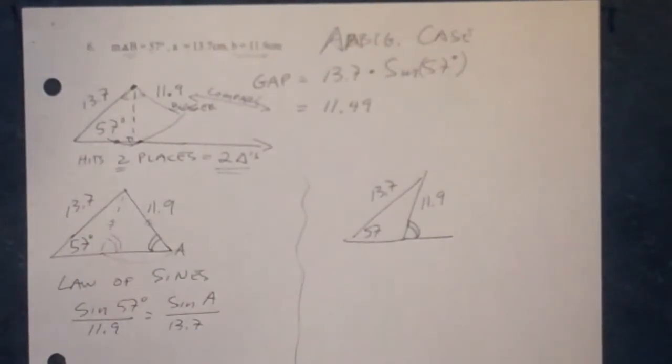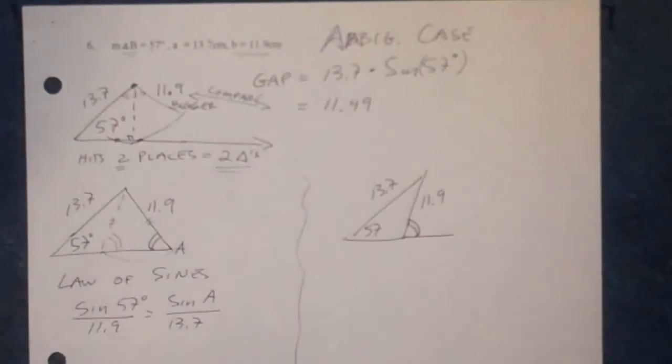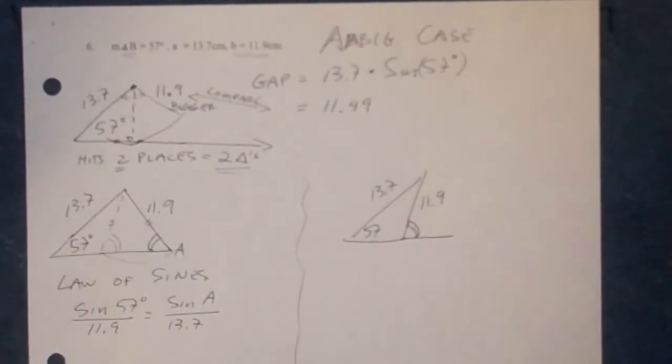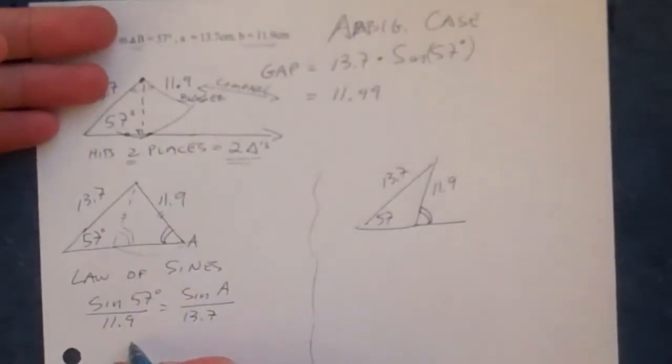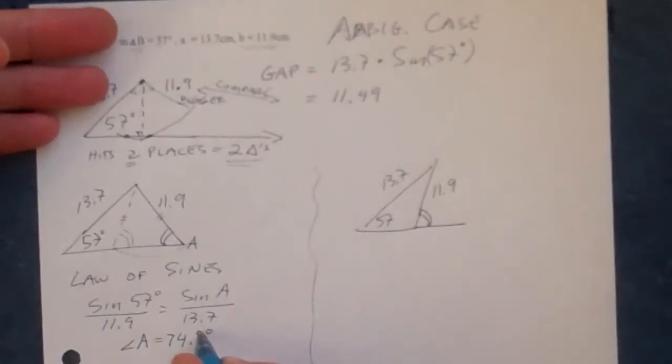Sine 57 divided by 11.9, and then I'm going to multiply that by 13.7. Gives me the decimal 0.96, and then I do second sine, inverse sine of that answer. Love that key function, and I get an angle of 74.9 degrees. So angle A equals 74.9 degrees.